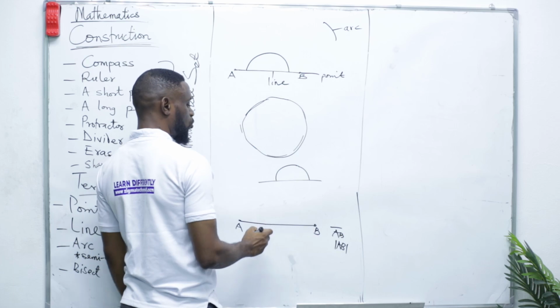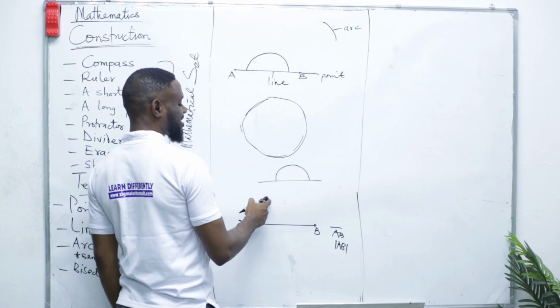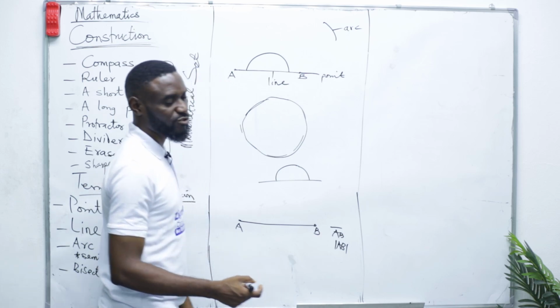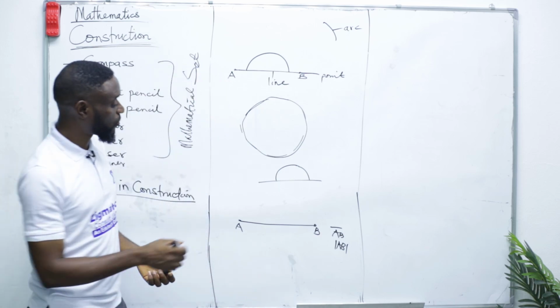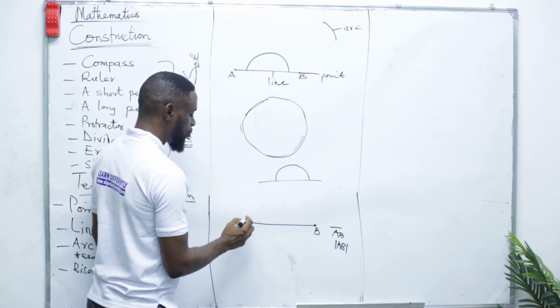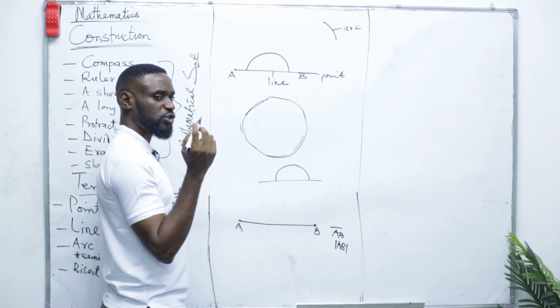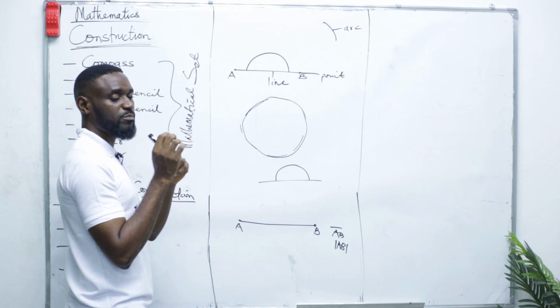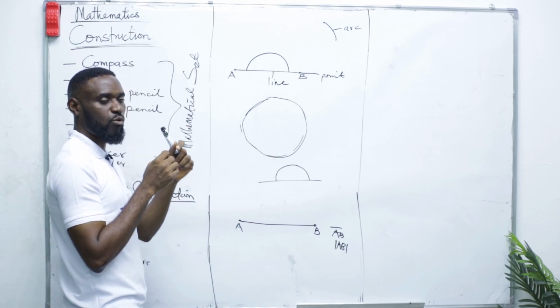So to bisect this means to divide this line into two equal halves. But we can't just look for anywhere and divide the line. When we start construction, we'll have our compass, a short ruler, and a short pencil placed inside the compass holder.